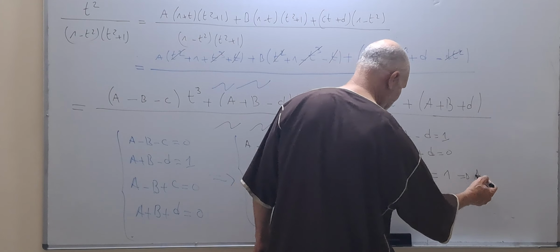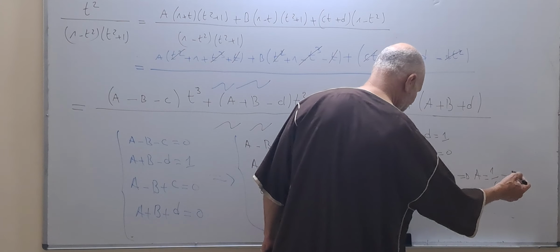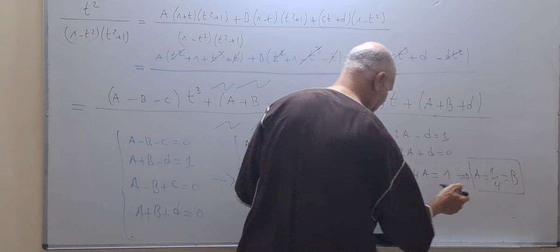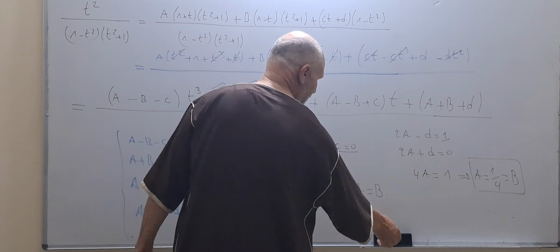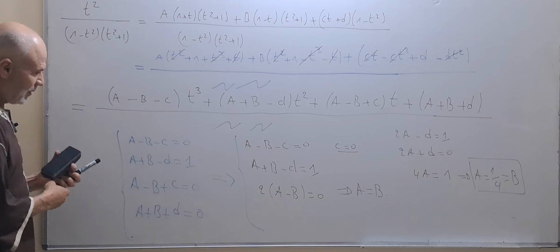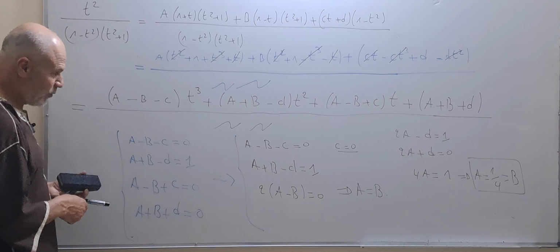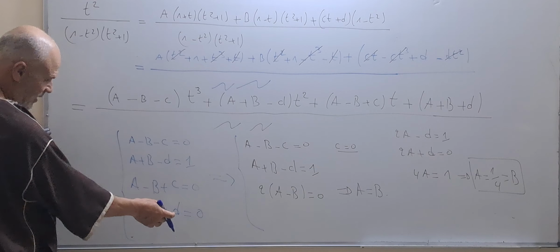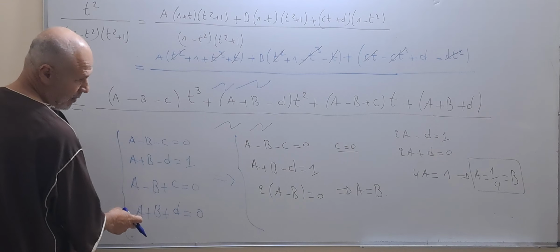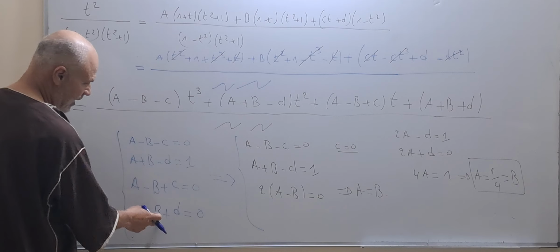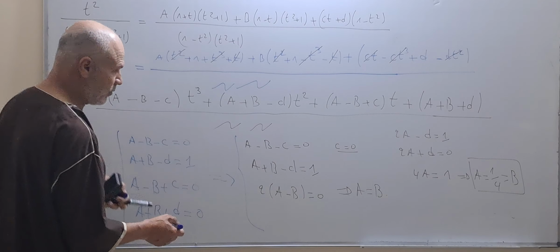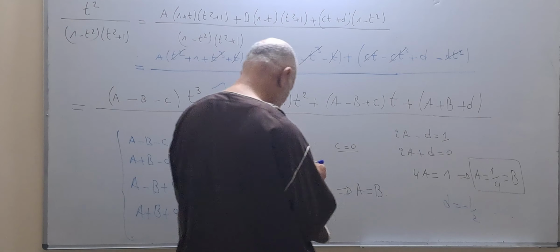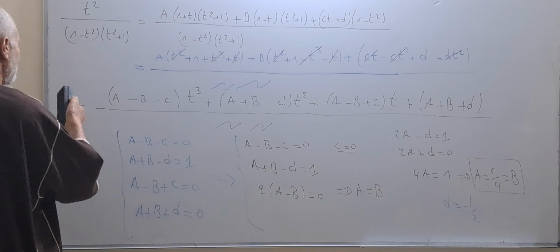This means that A is equal to 1 over 4, which is equal to B. C equal to 0, and we need D. For example, here we have 1 quarter, so we have 1/2 plus D equals 0. D is equal to minus 1/2. Yeah, I think that we finish.